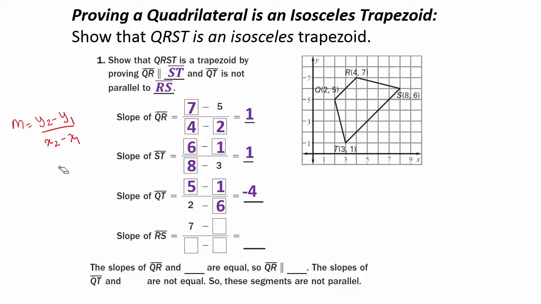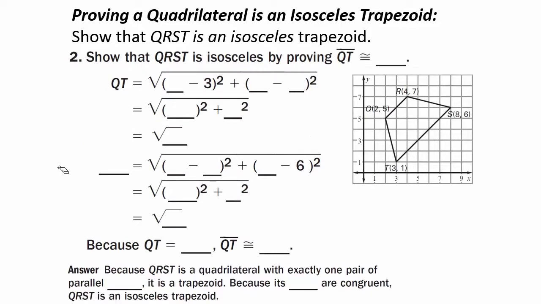And the slope of RS is 7 minus 6 over 4 minus 8, which reduces down to negative 1/4. So the slopes of line segment QR and line segment ST are equal, so line segment QR is parallel to line segment ST. The slopes of line segment QT and line segment RS are not equal, so these segments are not parallel.